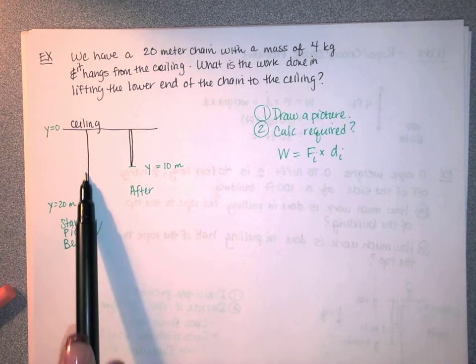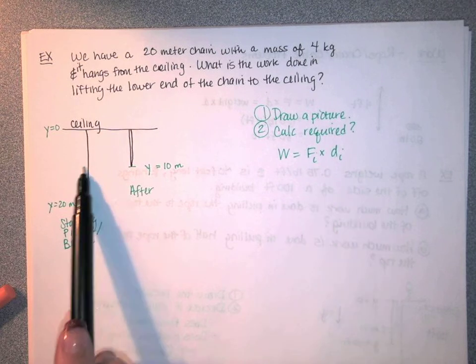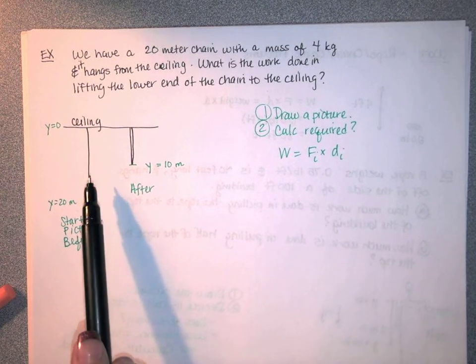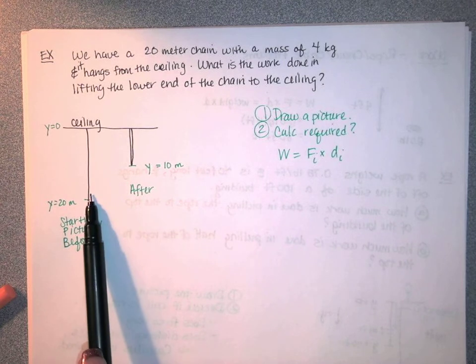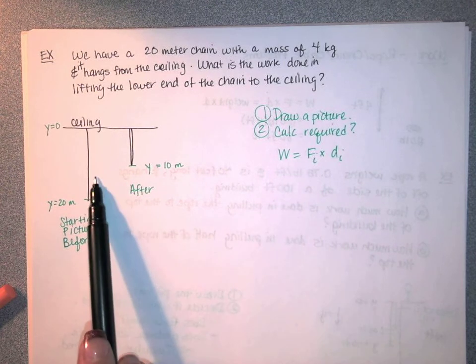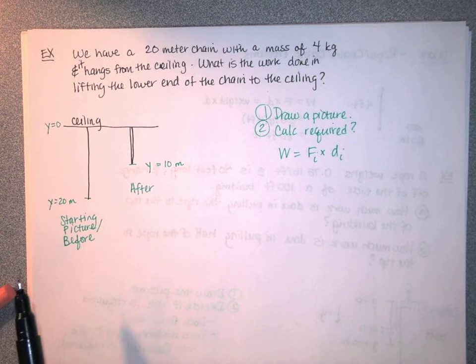Are all of the pieces of this chain that move, do they all have the exact same amount of force acting on them? And do all of the pieces of this chain move through the same distance?